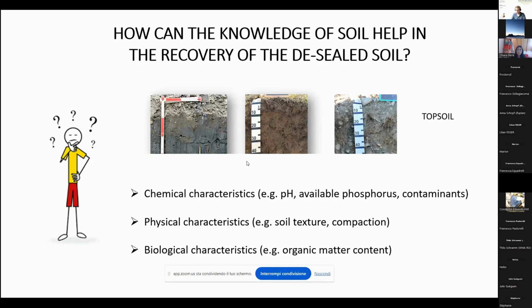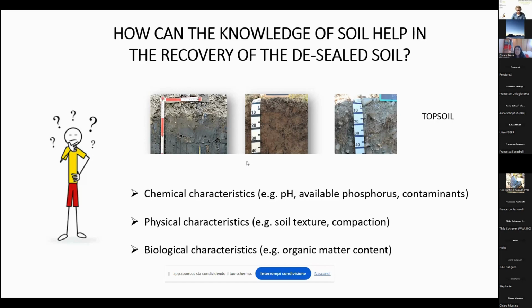Chemical, physical and biological characteristics can guide the action to be taken. I mean easy, simple analyses, so pH, organic carbon content, that can help also to choose the suitable vegetation for the recovery of the soil.